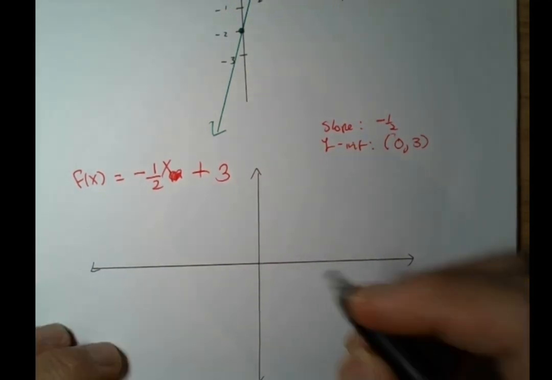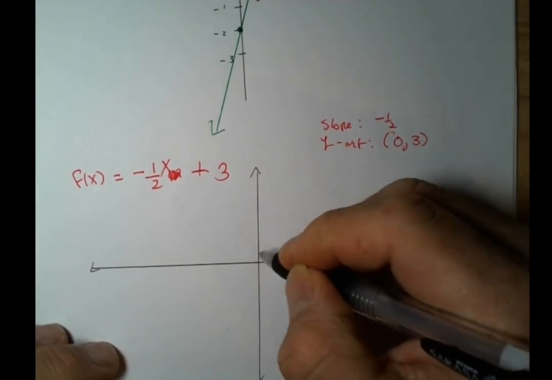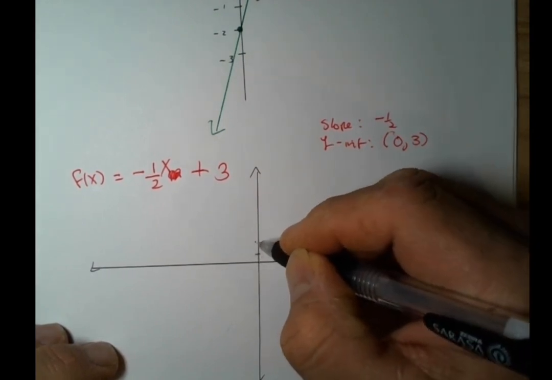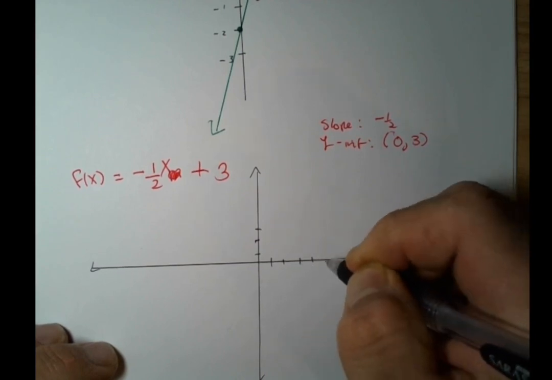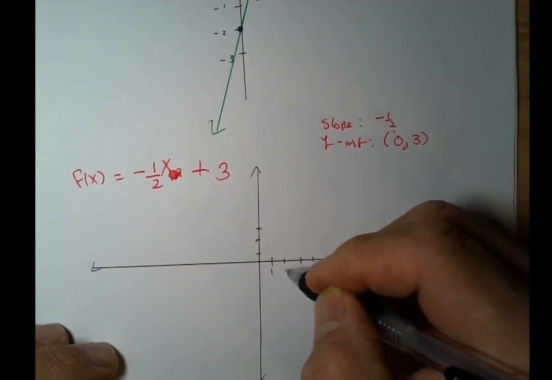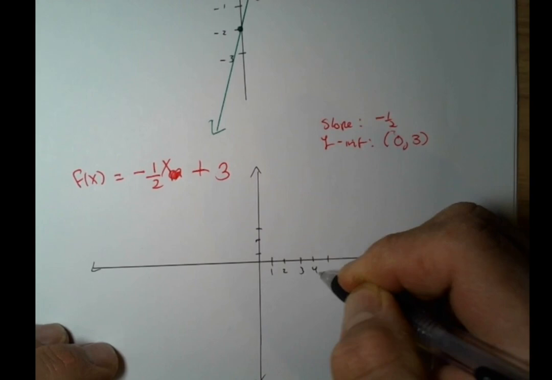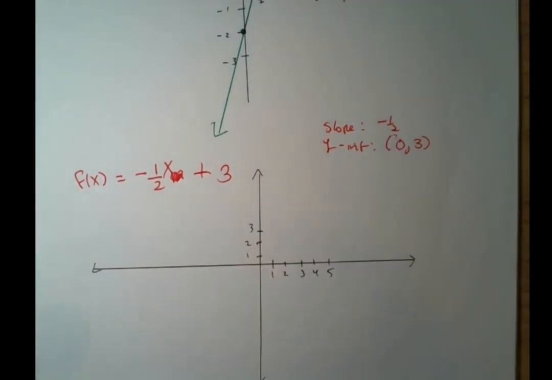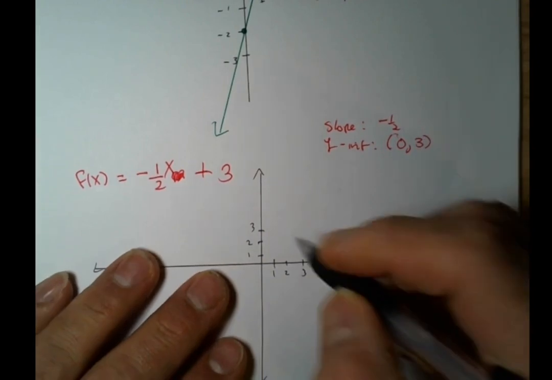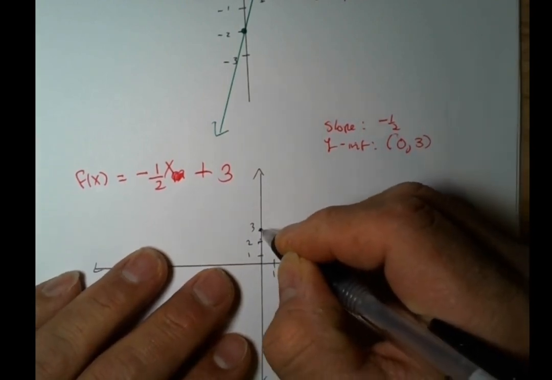All I need is both of these pieces of information. Let me count here: 1, 2, 3, 1, 2, 3, 4, 5. So I have 1 point, 0, 3.